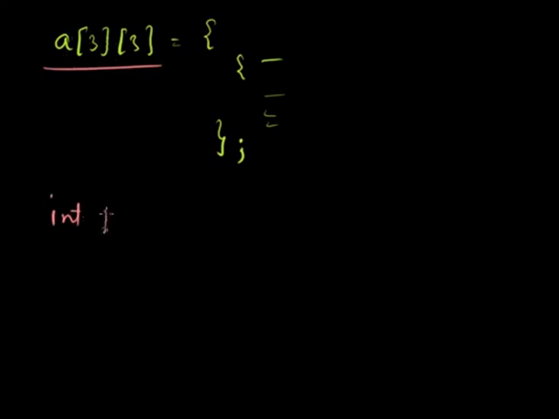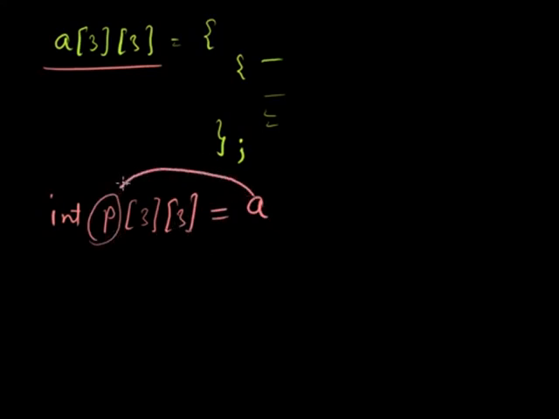So assign p, which is essentially a 3 by 3, which has to be a 3 by 3 because you have to equalize two matrices, is equal to a. Now p is a pointer, right? P gives the base address, so p's base address is replaced by a, which is essentially the base address of this 3 by 3 array.